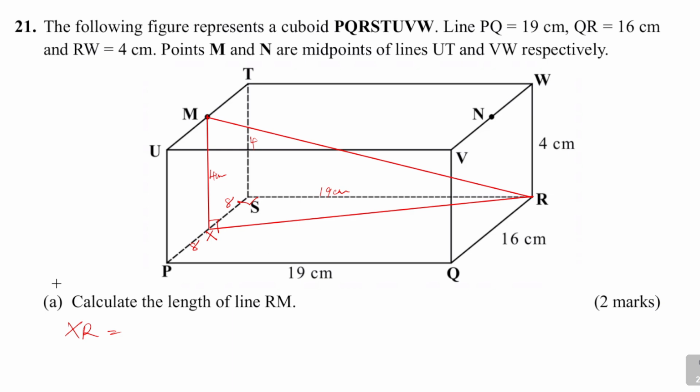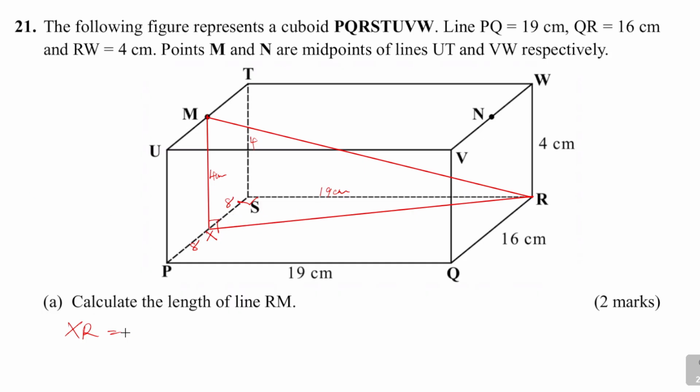So you can see in that right angled triangle that you have drawn there, XSR is a right angled triangle, and you have this side and you have this side. So what you're missing is the hypotenuse, the side that is opposite the right angle. So how do you get the hypotenuse?